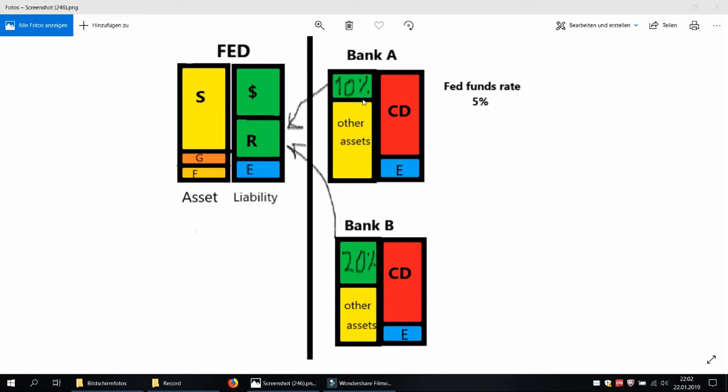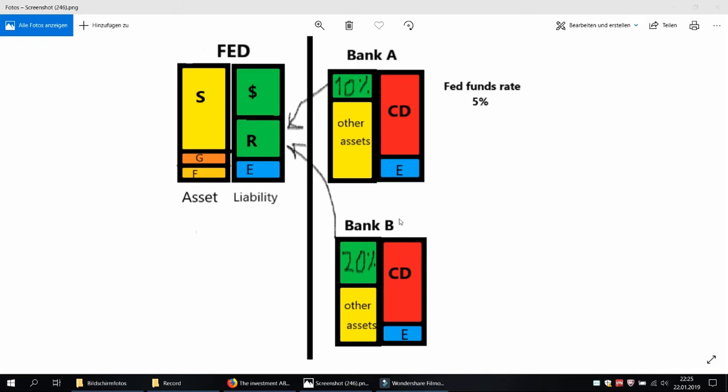If for some reason Bank A needs emergency funds, they can borrow money from either the Fed or another commercial bank, here in the example Bank B. The interest rate which the Fed is providing is more than the interest rate from Bank B. The Fed's interest rate is also called the discount rate, and the interest rate from another commercial bank is called the Fed funds rate.